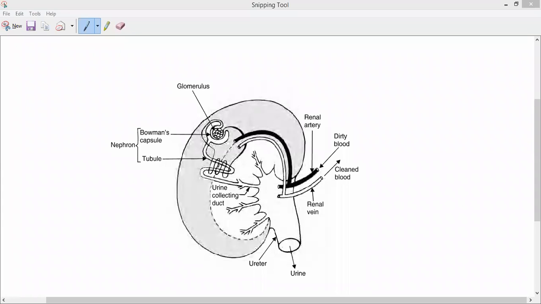Nephrons. So nephrons are called the excretory units of what? Kidneys, correct? This Y-shaped object that we are seeing is what we call a nephron. Like this, 1 million nephrons are combined to form a kidney, the human kidney. This is what we studied in the last class.